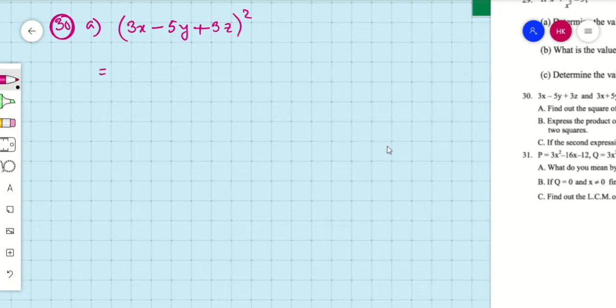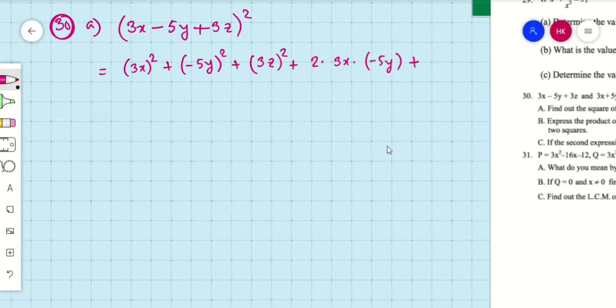We can use the formula like a square plus b square, here b is minus 5y, plus c square, plus 2 times a times b, b means minus 5y, plus 2 times b times c, plus 2 times a times c.